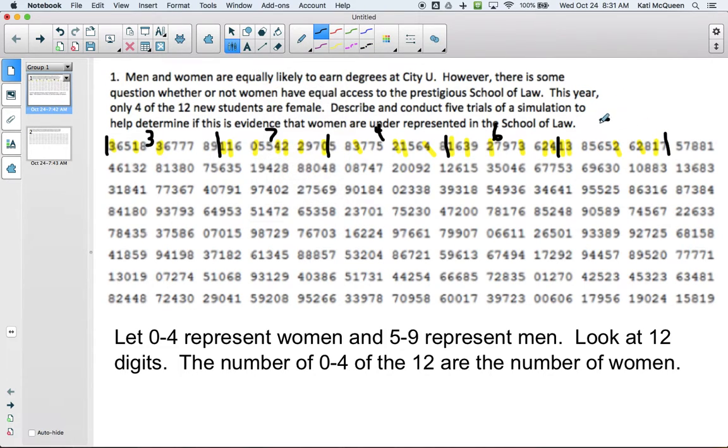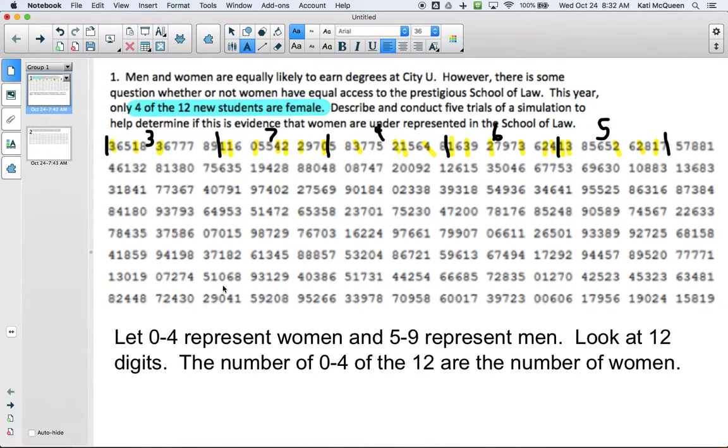So now to actually answer their question, is this evidence that women are underrepresented? I want to look at how often that result they were focusing on happened. They were talking about only 4 of the 12 new students being female. So what I'm going to look at is how likely it was that 4 or less were female.